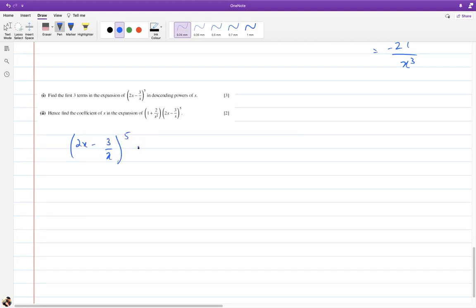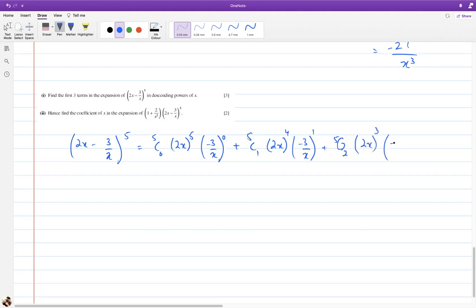So 5 is n: 5C0, a to the power 5, b to the power 0, plus 5C1, coefficient number 1, (2x) to the power 4, minus 3, which is b to the power 1, and 5C2, (2x) to the power 3, b to the power 2. We keep on doing this. We are just required to find the first three terms. So we have done that.